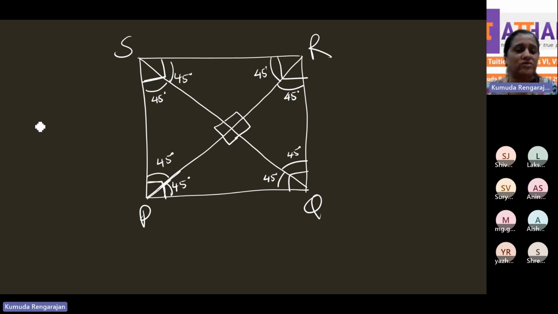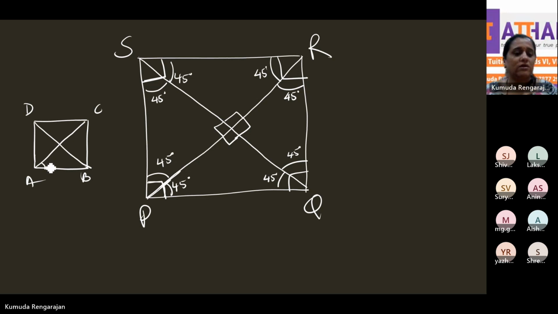So if a question is like this, given a square ABCD, and they ask you to find the measure of this angle, if they call this x, find x. X is equal to 45 degrees. It's not that nothing is given. How can you find an unknown angle when no angle is given in the figure?